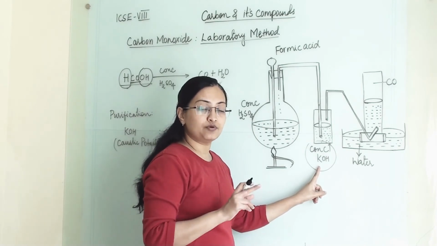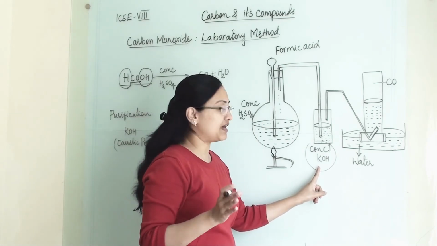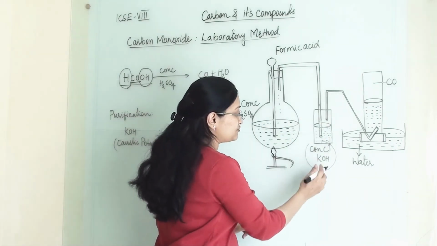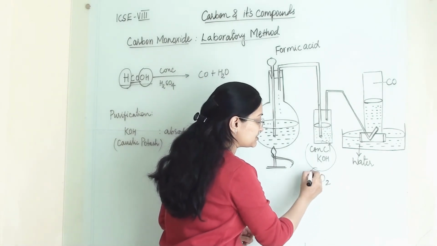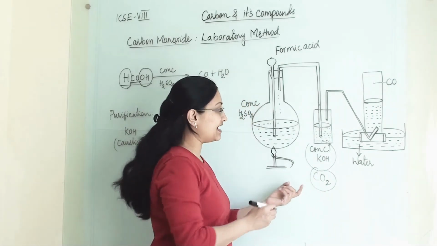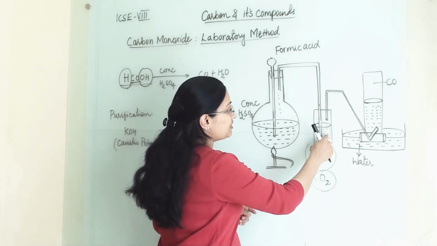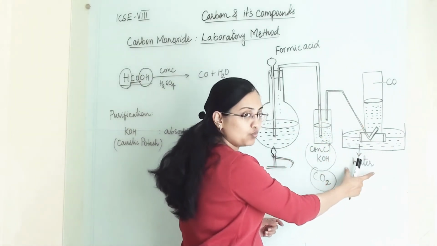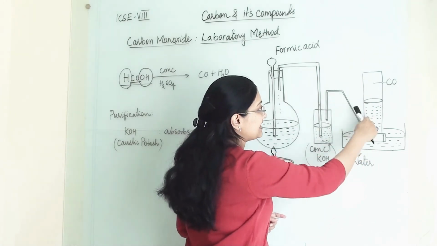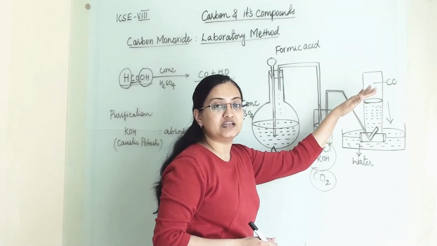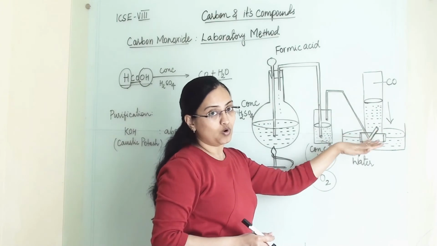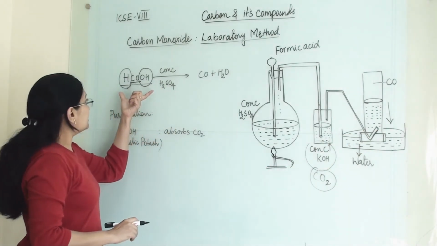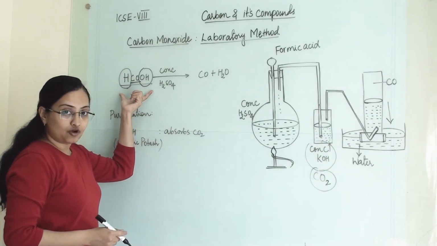It will absorb whatever carbon dioxide impurity is there, and the carbon monoxide gas will go to the water bath, and we collect carbon monoxide gas by downward displacement of water.